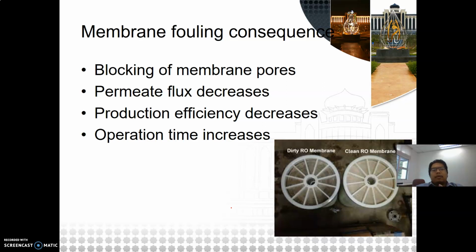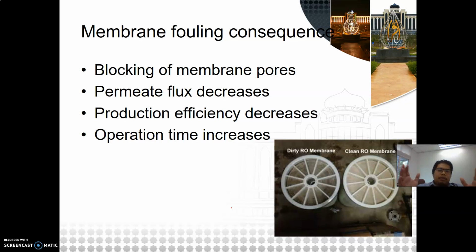We block a membrane pore, so the permeate flux decreases. We don't want that to happen, and the efficiency will decrease and the process time will increase. From an industrial perspective, we need to spend a lot of time to get the same result, and of course there is a lot of cost involved, right?